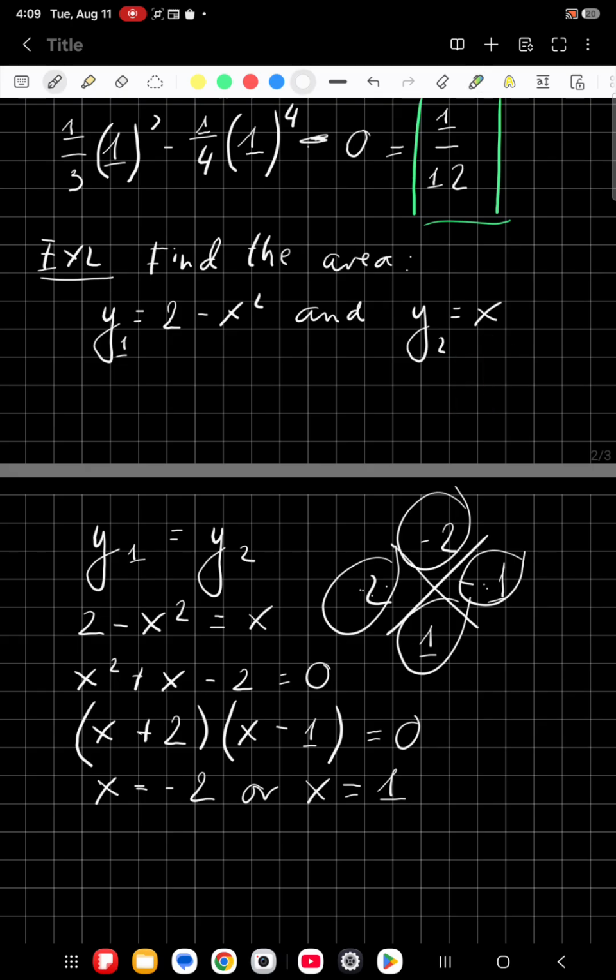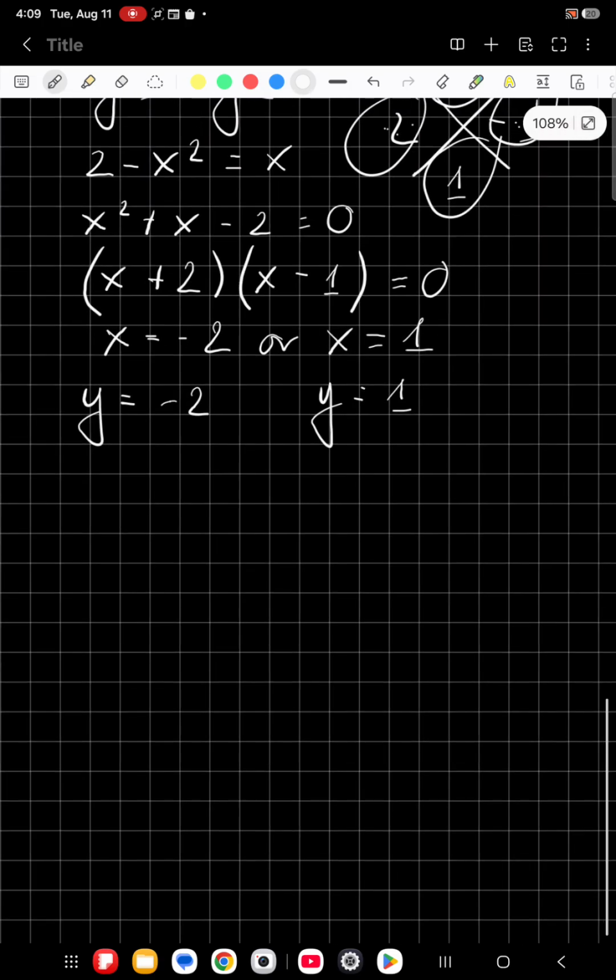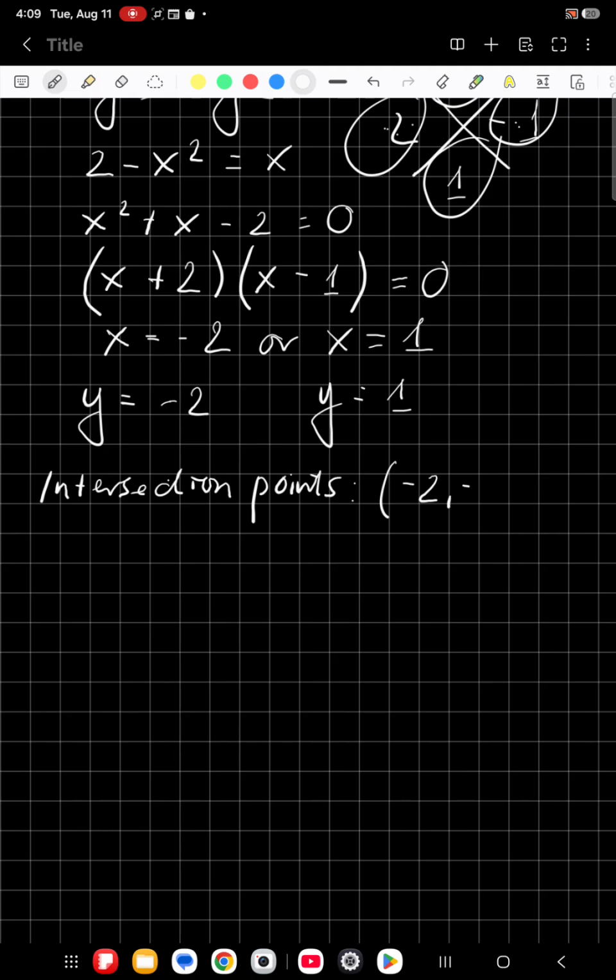So I'm getting y equals negative 2 and y equals 1. Those points are the intersection points: negative 2, negative 2 and 1, 1. So we found the points.